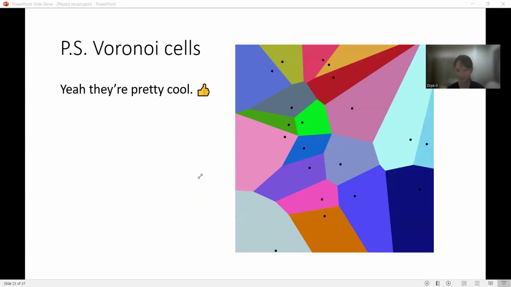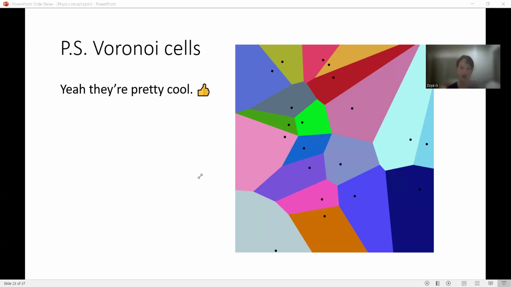Also, postscript, a cool thing I found while researching this is Voronoi cells. I couldn't fit them into the whole thing. The Wikipedia page for which I have linked. I came across these while trying to make sense of the concept of cells within the neutron star, which, from what I can tell, are basically mathematical constructs to help us understand how the regions close to some representative heavy nucleus within the neutron star behave, right?